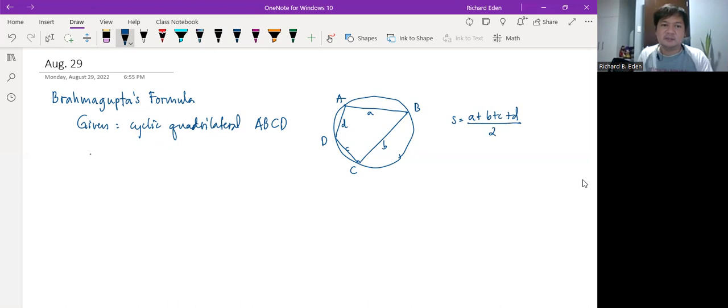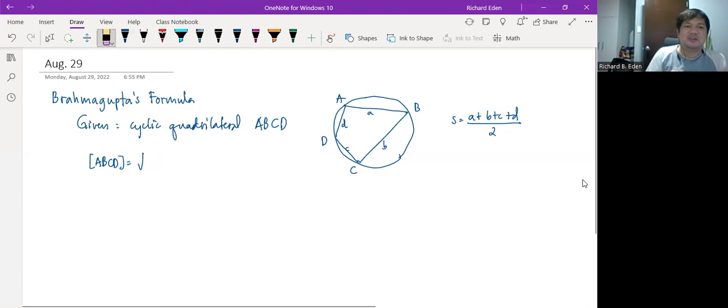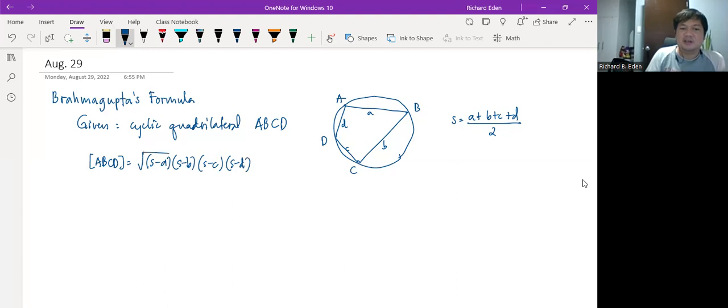Then the area of ABCD is the square root of (s minus a)(s minus b)(s minus c)(s minus d). Walang s sa factor.